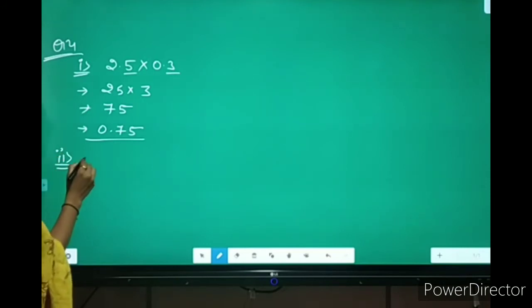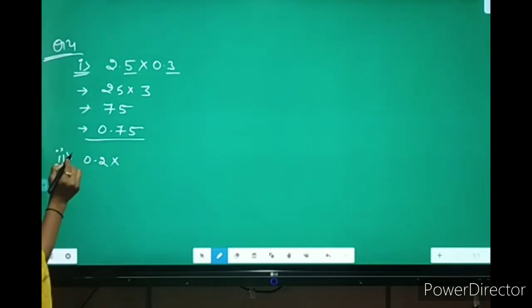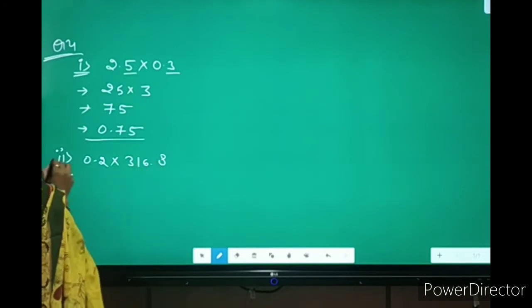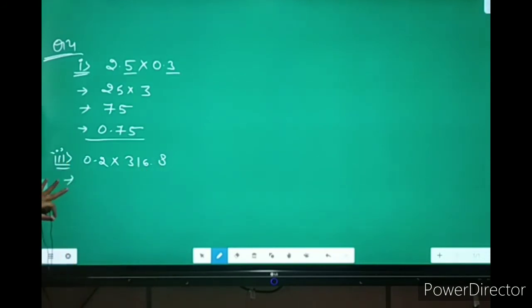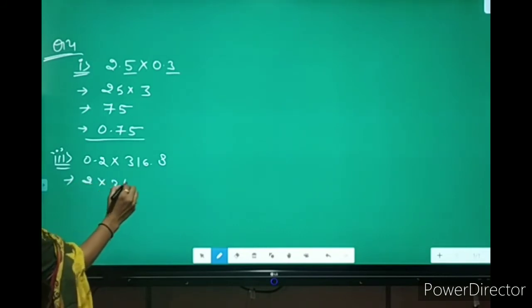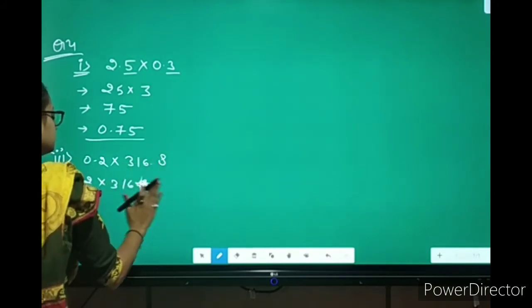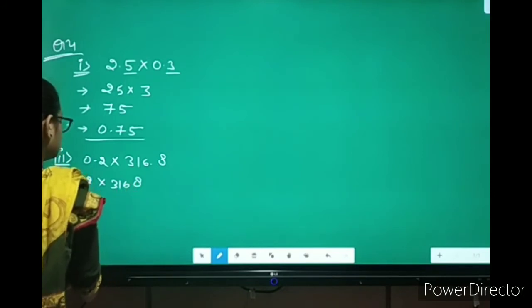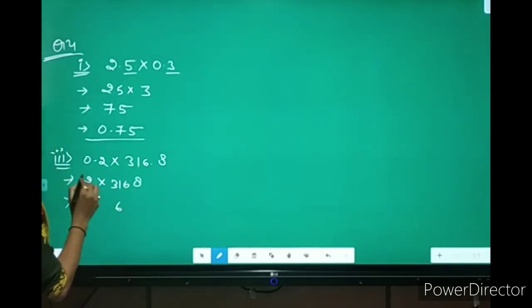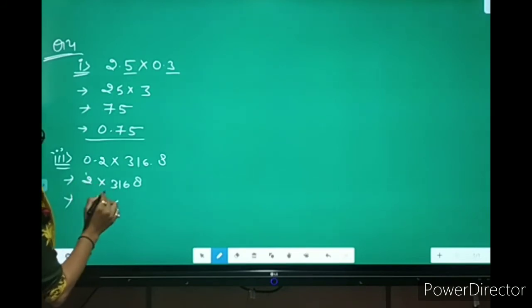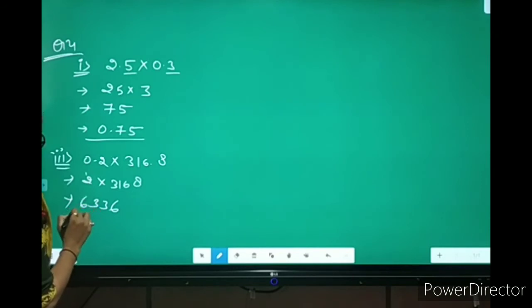Next question is question number 2: 0.2 multiply 316.8, or 79.2 multiply 0.8. First of all, easily we multiply 2 multiply by 0.8. 6336.